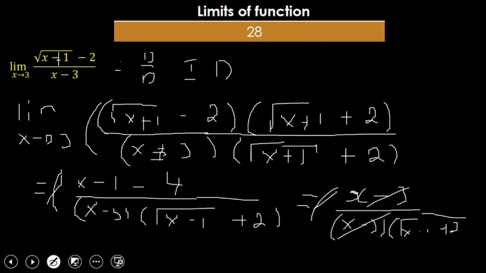You have the limit, and if you substitute 3 directly, what do I have? 1 all over the square root of 3 plus 1. 3 plus 1 is 4, the square root of that is 2, plus 2, that is 1/4. The answer here is 1/4.